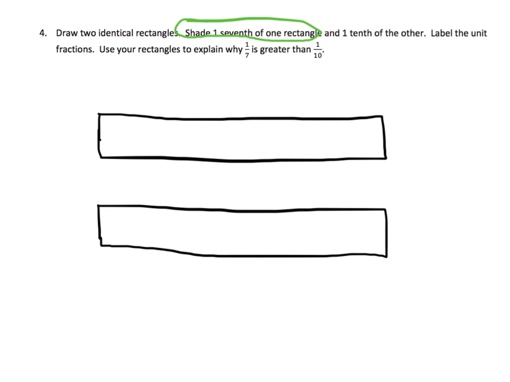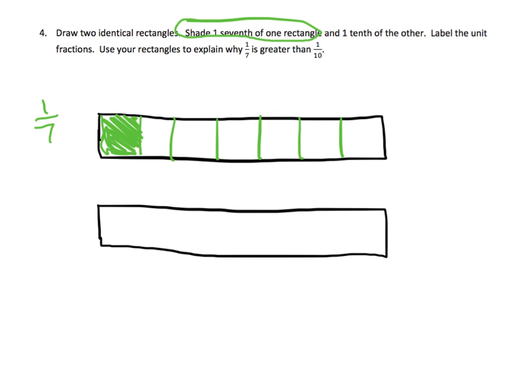So 1/7 means we've got to cut that rectangle into 7 equal pieces. 1, 2, 3, 4, 5, 6, 7. That's pretty close. I did a pretty good job. And it says shade in 1/7. All right, there's my 1/7.